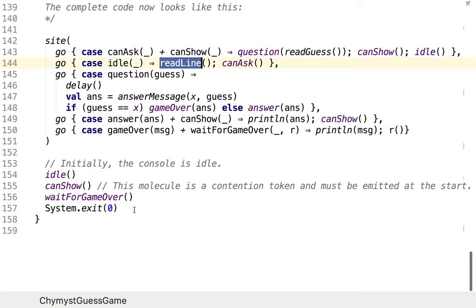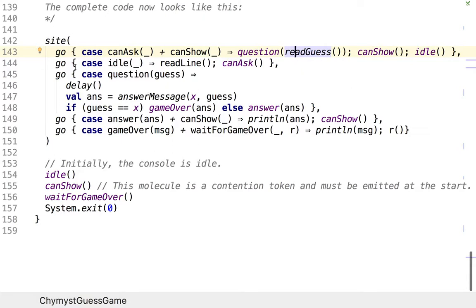And that was it. A program in the chemical machine is a declaration of possible reactions and a specification of what initial molecules need to be present at the reaction site. And that's the entire program. There's nothing else here. Well, there are all these helper functions that compute messages and so on. I put them in a separate code so that they don't make this code too long.